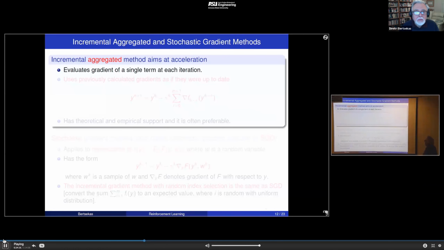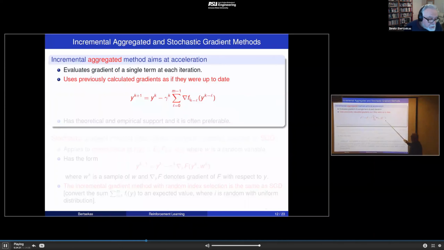Now, there are variants of this incremental gradient idea. There's a method called Incremental Aggregated Gradient Method. This one aims at acceleration, and instead of evaluating the gradient of a single term at each iteration, it uses multiple gradient terms. Okay, this formula is a little complicated.